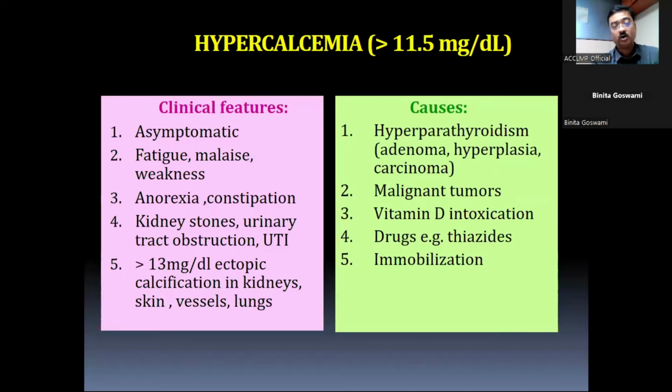So for all persons whose vitamin D you test, you will find deficiency, and clinicians are happy because they can prescribe vitamin D. Pharmaceuticals are happy because they can sell vitamin D. We are happy because we can test vitamin D at a high price, about 2,500.